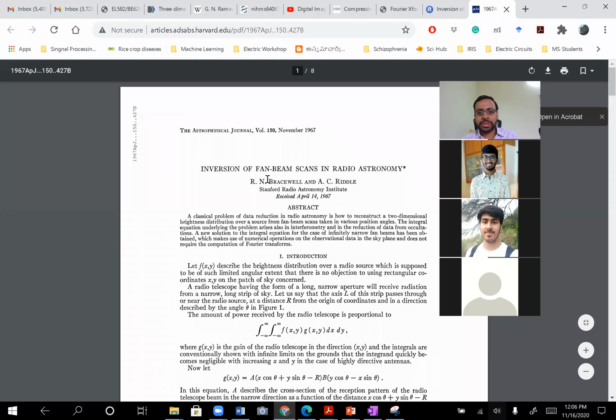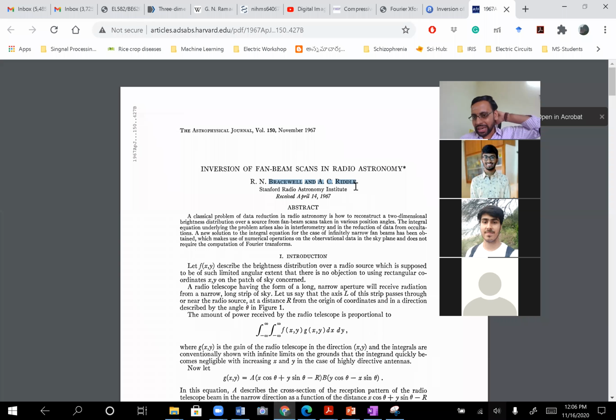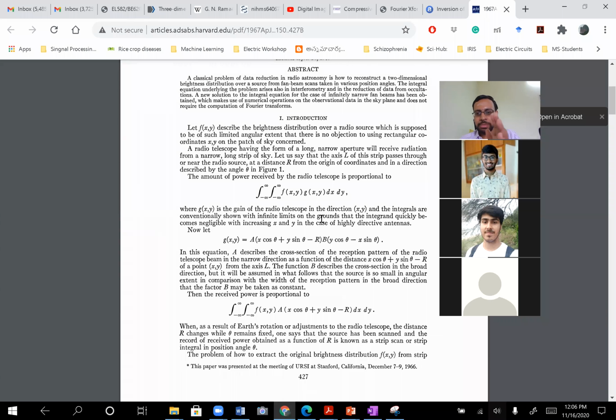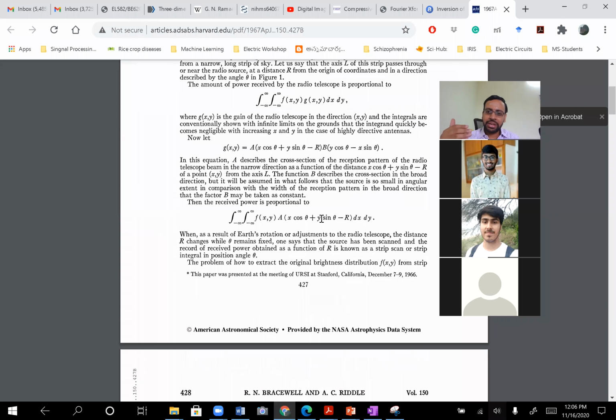Bracewell and Riddle did it, completely independent work, 3-4 years earlier, in 1967. They also came up with this formulation, where they avoid doing things in the Fourier domain, which was earlier causing some blurring effect, by doing back propagation and filtering in the spatial domain.